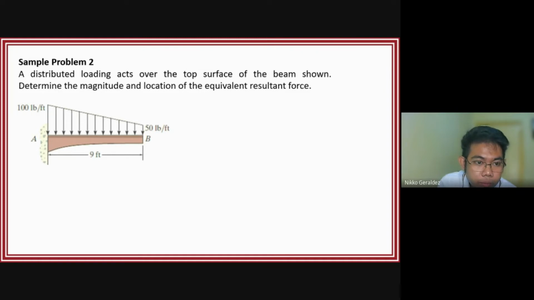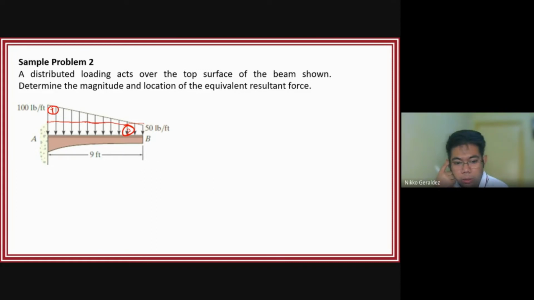So we have shape 1, the triangular loading, and shape 2, the rectangular loading.